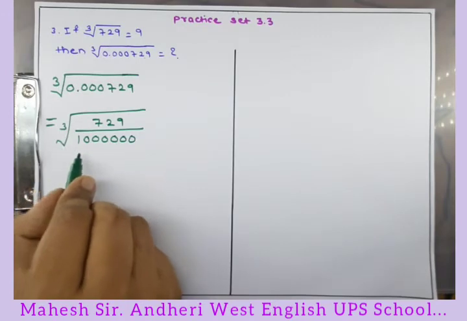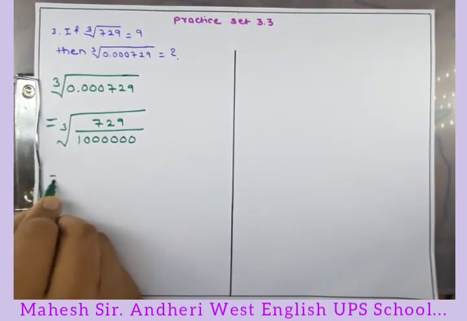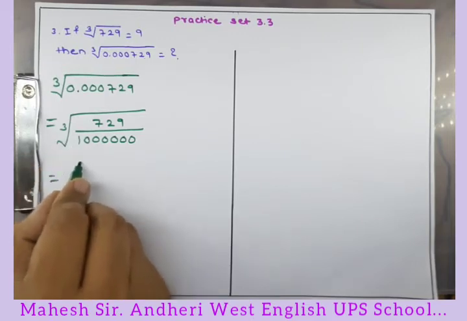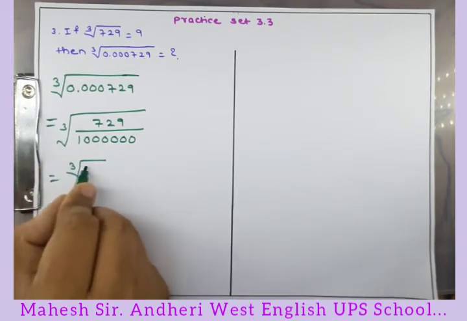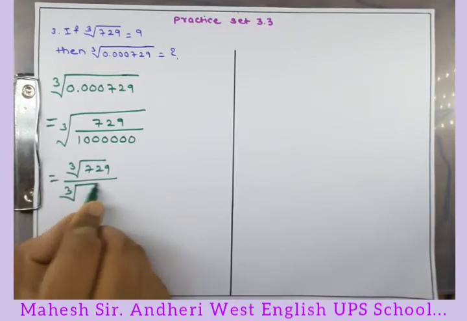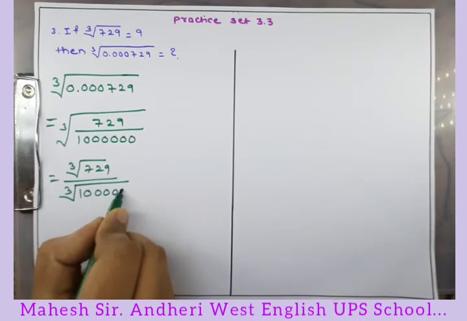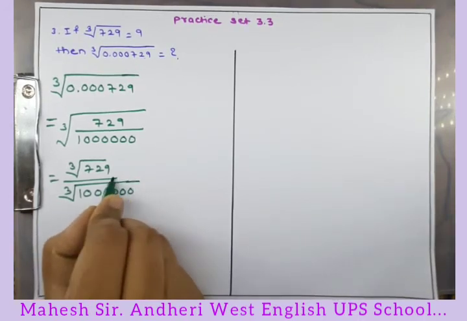We have to find out the cube root of these, so how will we do it? First, this we can write as separate cube roots: cube root of 729 upon cube root of this bigger number, 1 2 3 4 5 6.